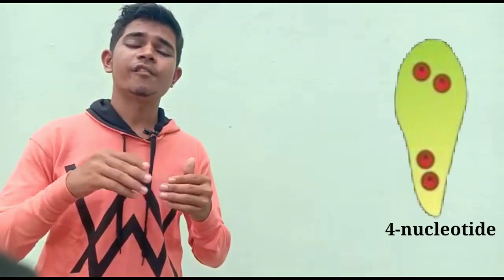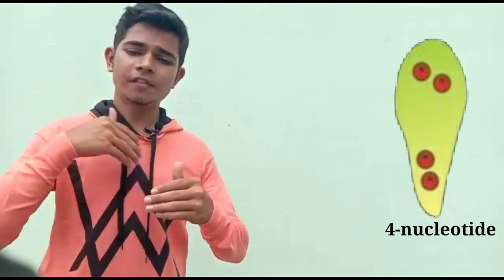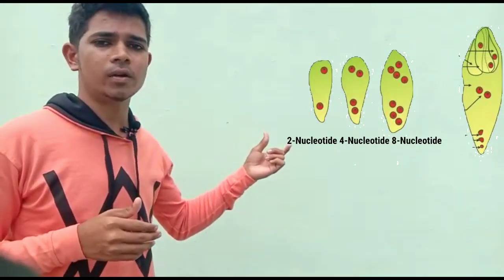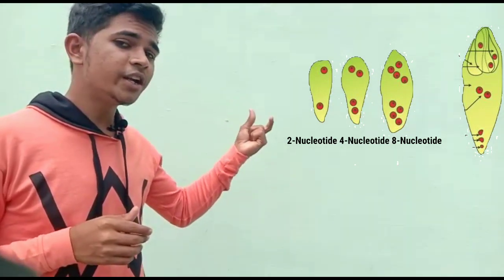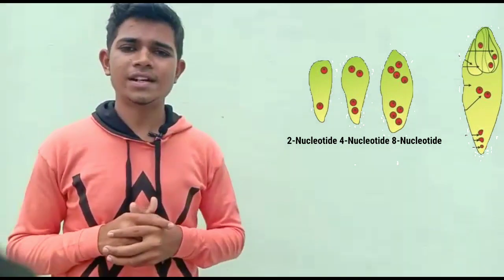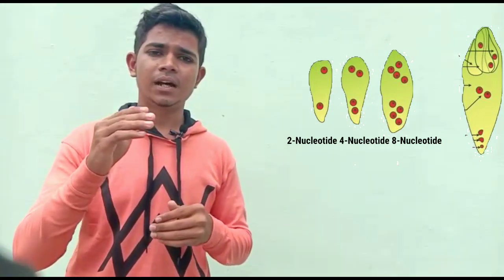The functional nucleus undergoes mitotic division to form 4 nuclei, then again mitotic division to form 8 nuclei. After the 8-nucleate stage, it becomes cells.